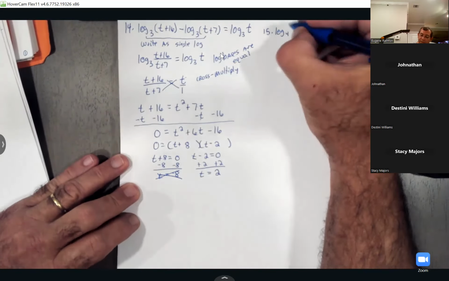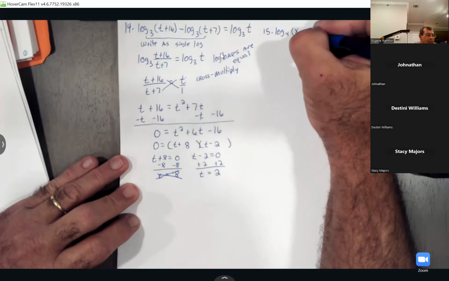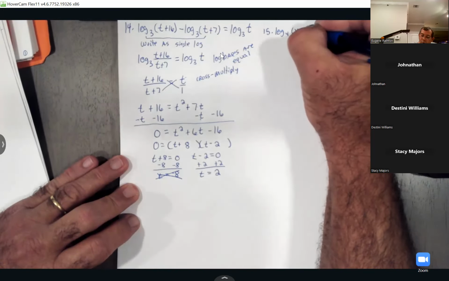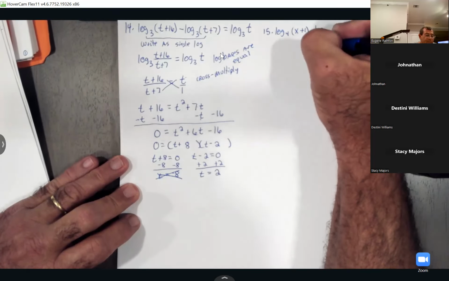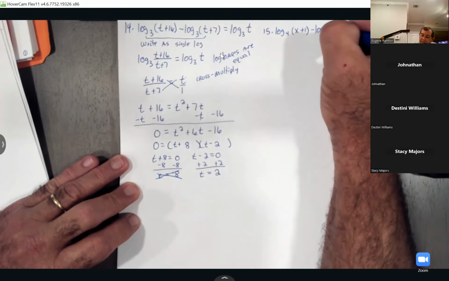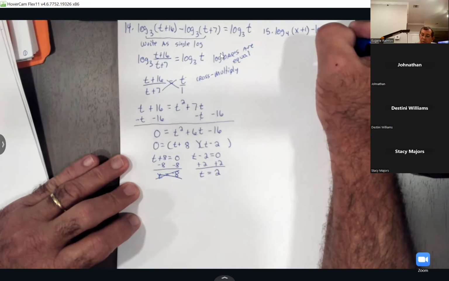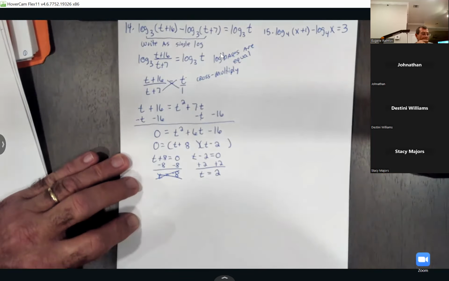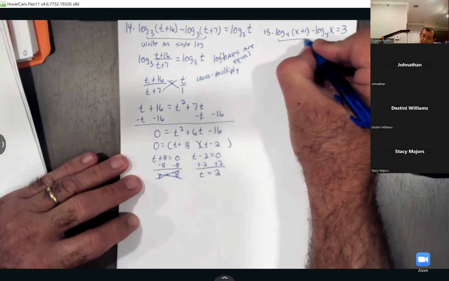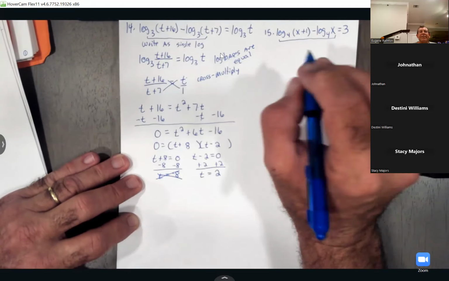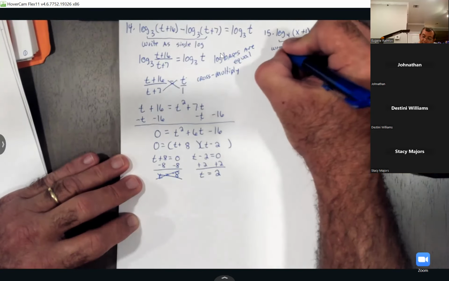All right, y'all. Log base 4 of x plus 1 minus log base 4 of x equals 3. So look on the left side. Guess what? We're going to write the left side as a single log.